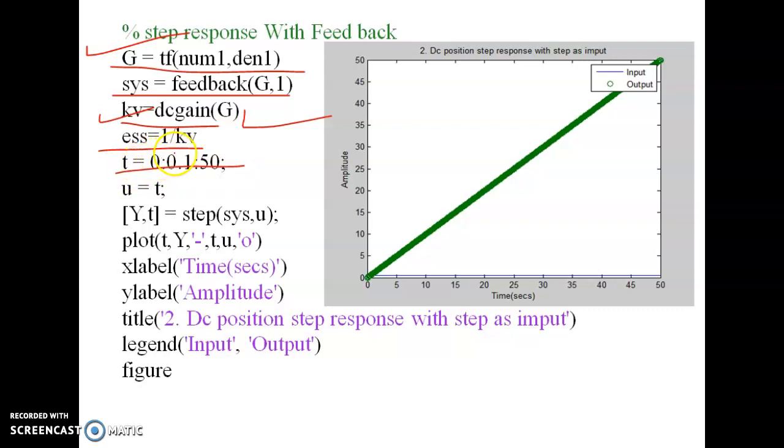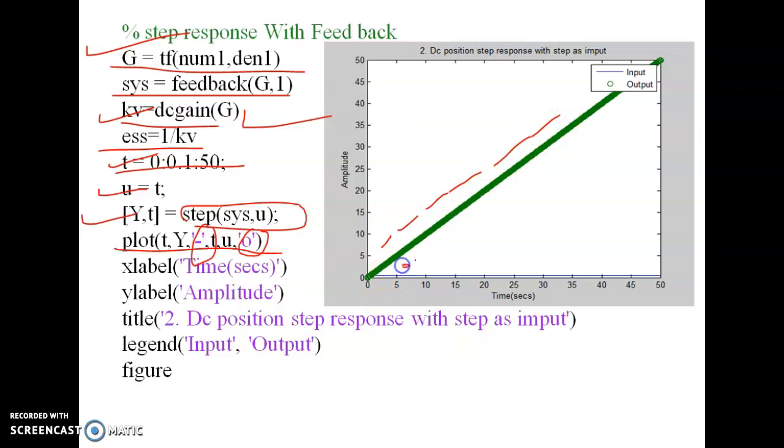of 0.1 seconds. So that will be initialized here, u is equal to t. Then y comma t means y axis, y with respect to time in seconds, step response of system comma u. So plot this graph t comma y. This symbol indicates the identification of the graph. Suppose the graph has dotted lines, you can use that symbol.